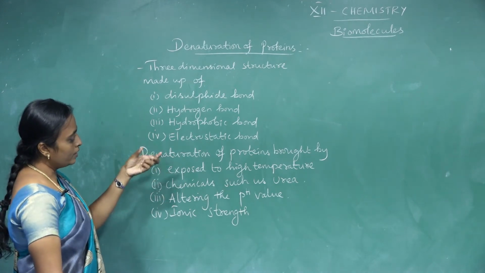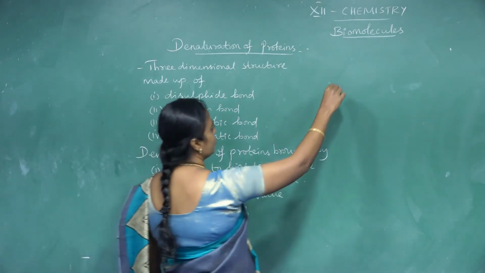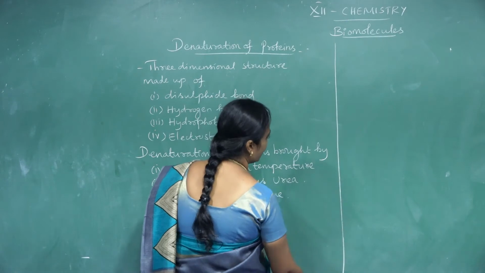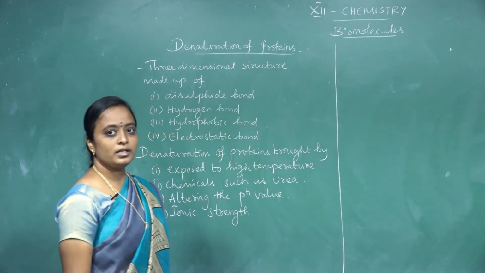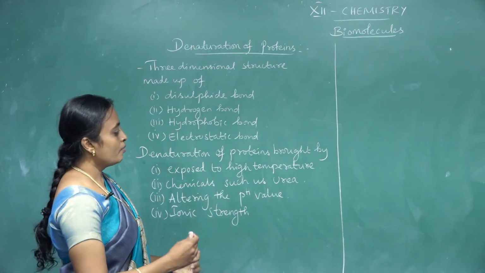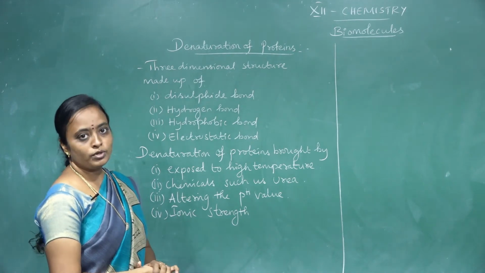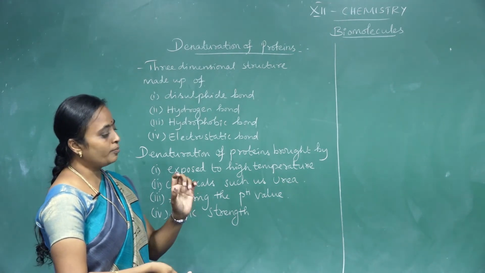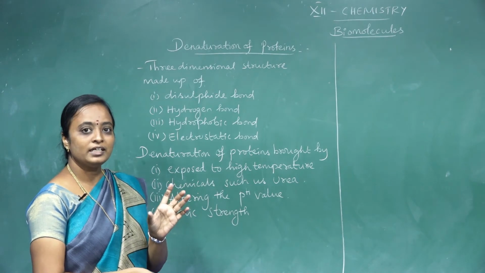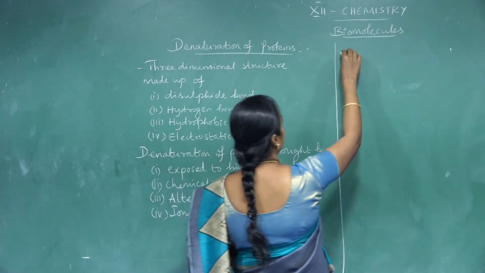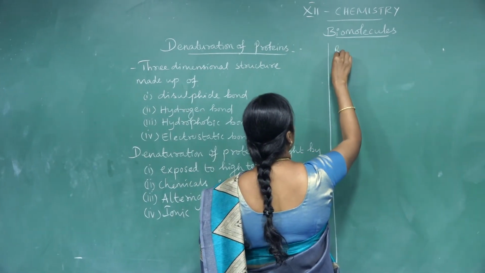Okay, we know that proteins have primary, secondary, tertiary, and quaternary structures available. So while you are denaturing the proteins, only the primary structure is intact.